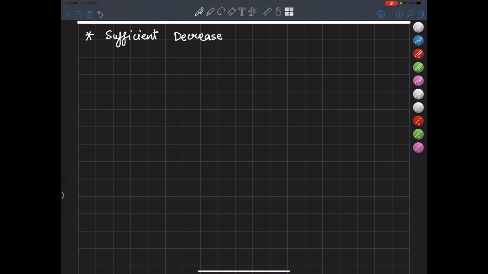But let's look at an algorithmic form in which we can choose the step length, and that is called backtracking. Okay, so let's relook at what the Armijo and Wolfe conditions, the Armijo-Goldstein conditions, are.